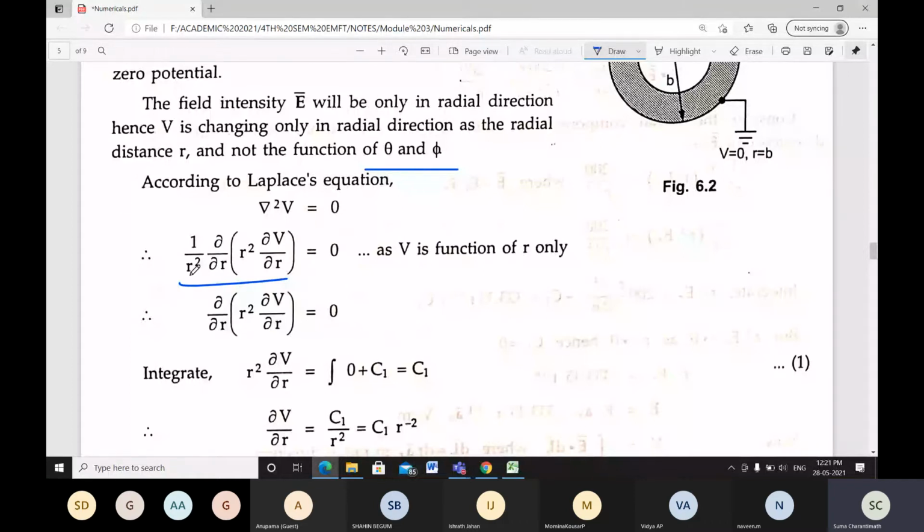Then taking r square to the right-hand side, it will be 0, so dou by dou r of r square dou V by dou r is equal to 0.